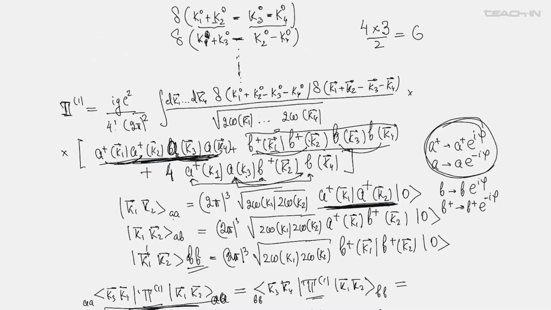Yes, but parity is a discrete transformation. You cannot produce any other charge for it. So you have something which is conserved, which commutes with the Hamiltonian, but it's not coming from Noether's theorem. That's what I'm trying to say.